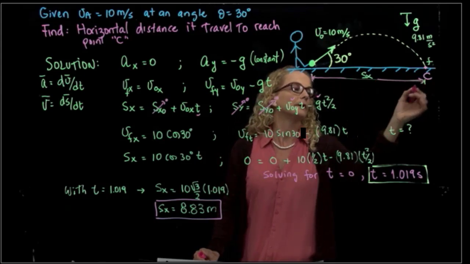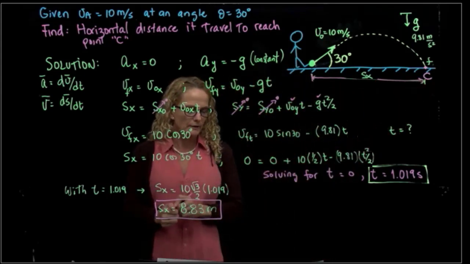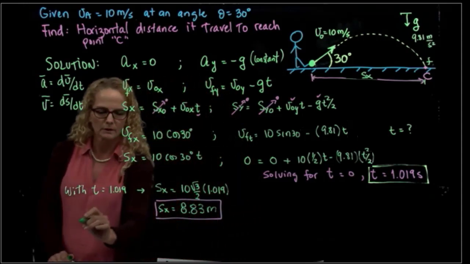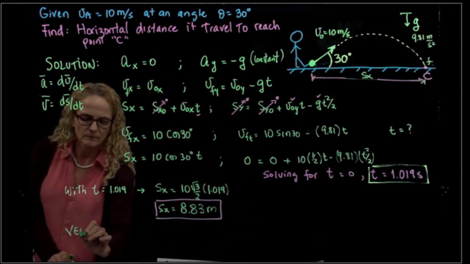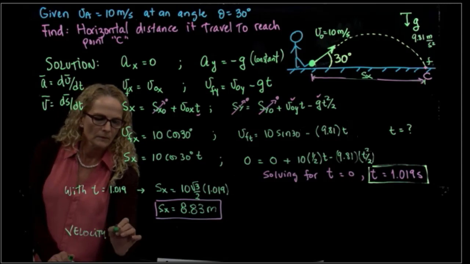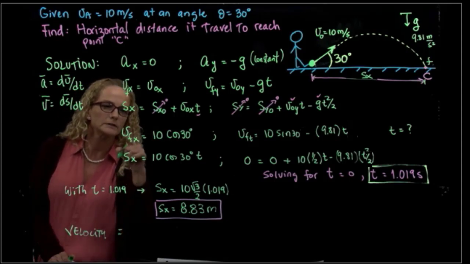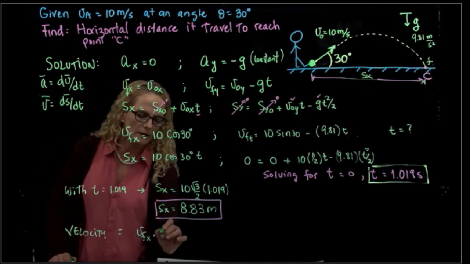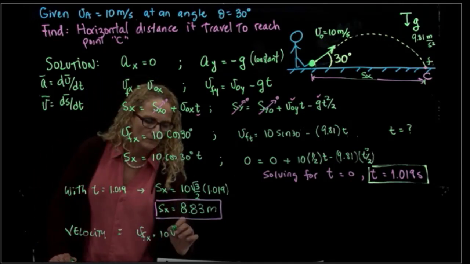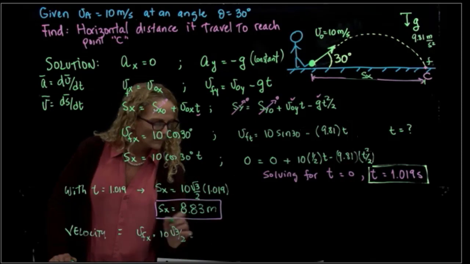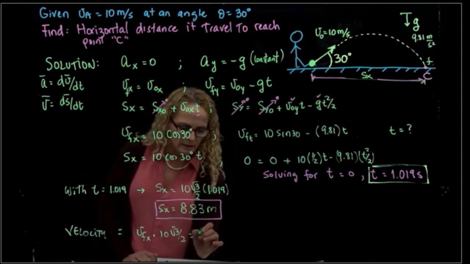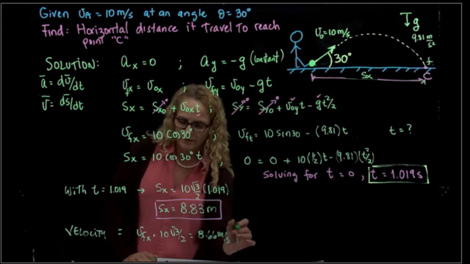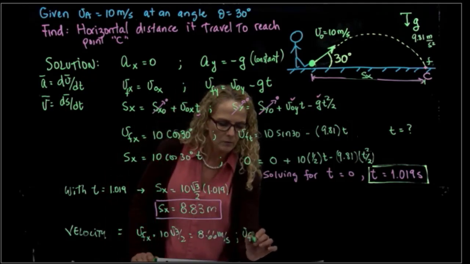We could, if they ask us, also find the velocity. How do we find the velocity? Let's find also the velocity. We find the final velocity in x, which is 10 times square root of 3 over 2, which is 8.66 meters over second, and we find the expression for the velocity in y.